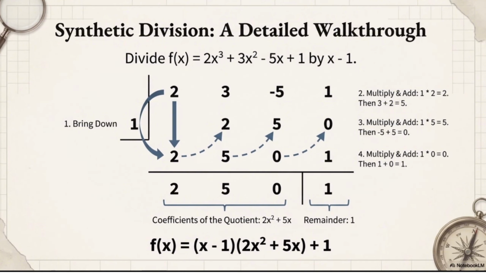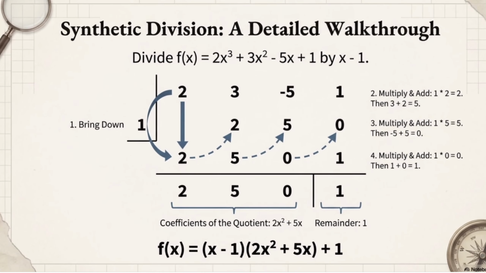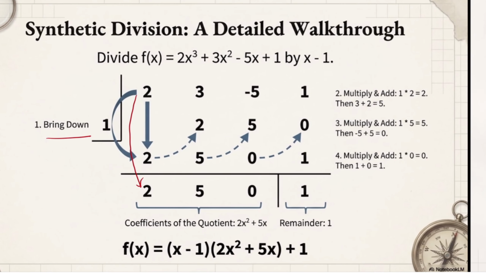The very first thing we have to do is bring down the first number. I'm going to bring down the 2 and keep it. After that, I'm going to multiply and add. What does that mean? I multiply the number I put down by the divisor, and then add it to my second number and write down another number.